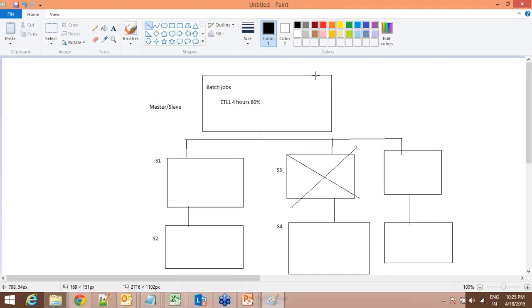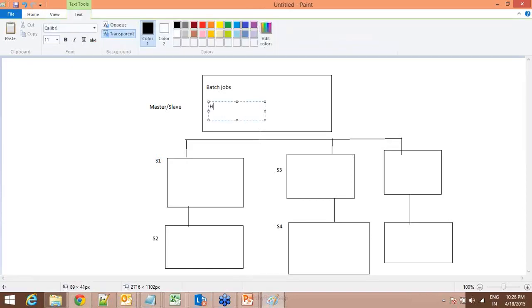But if you come to Hadoop, guys, assume the same scenario. Now assume I have some Hadoop application running, maybe for the last 1 hour, and it's completed 80%.